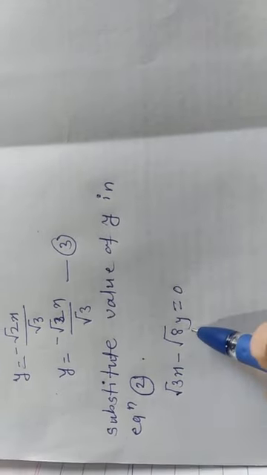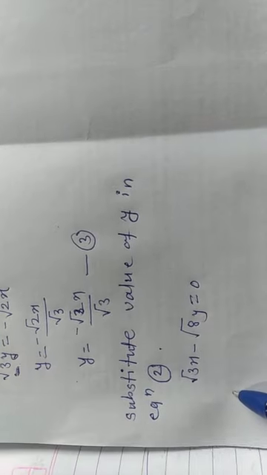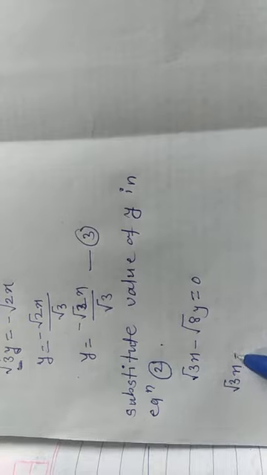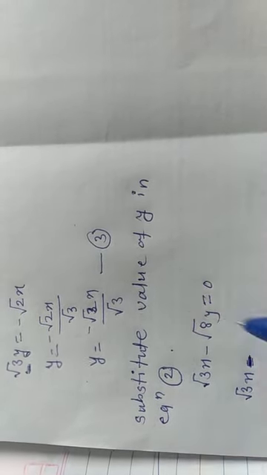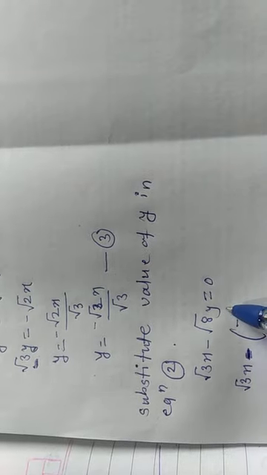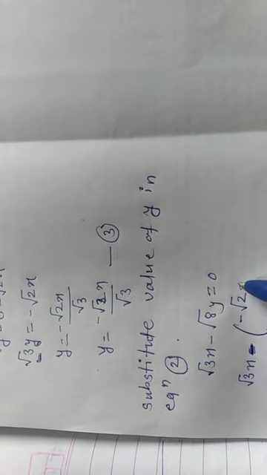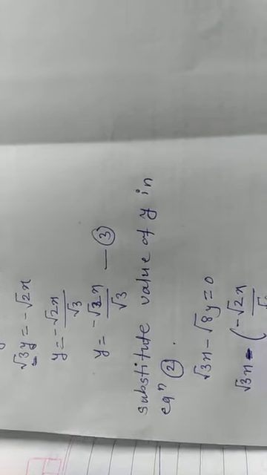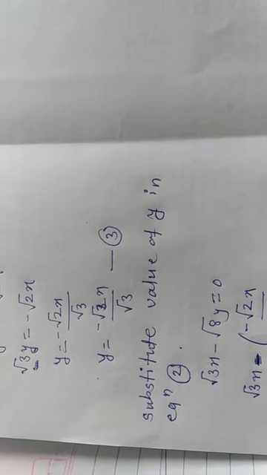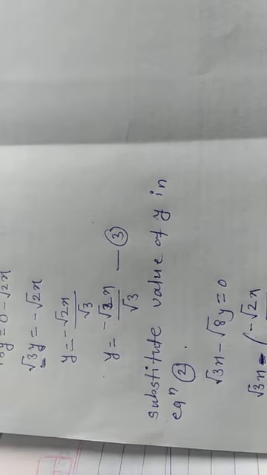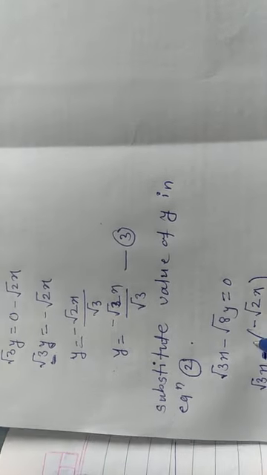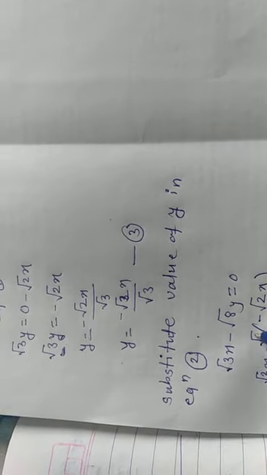So now here what is the value of y? I will write here root 3x as it is, this minus sign. This y we will replace with this in bracket minus root 2x upon root 3. This is nothing but the value of y. So this will multiply with what? We will multiply this with root 8.